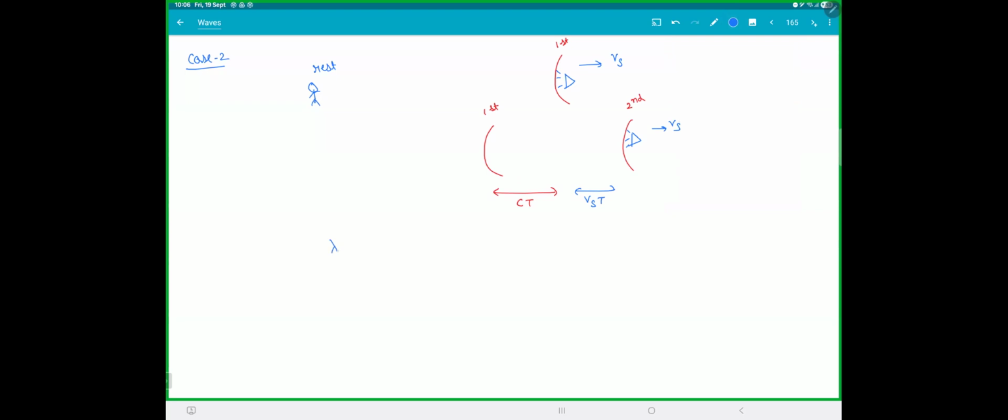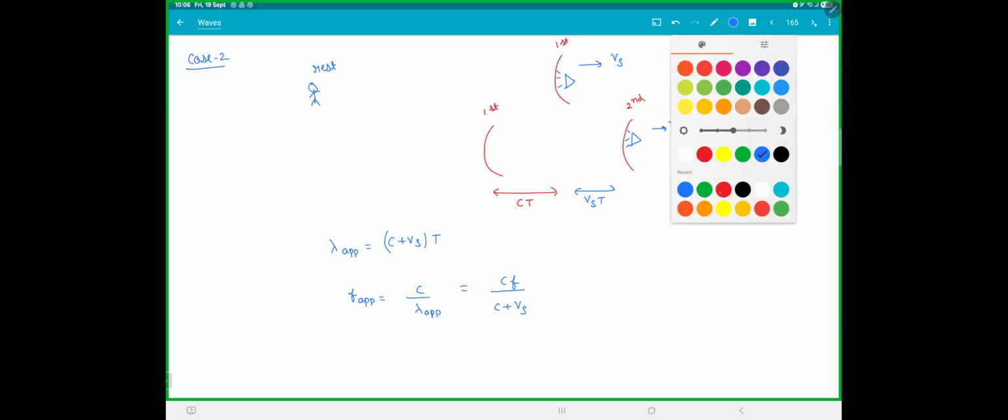Your lambda apparent will increase. So this person will think the wavelength has become more. So f apparent will be c by lambda apparent. You get cf by c plus vs. He will hear less frequency. So this is an important thing.